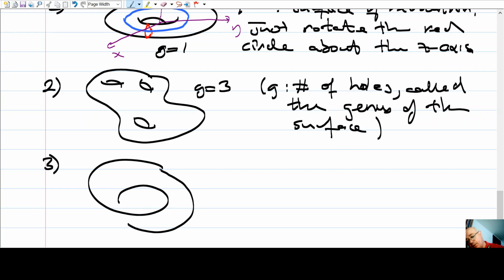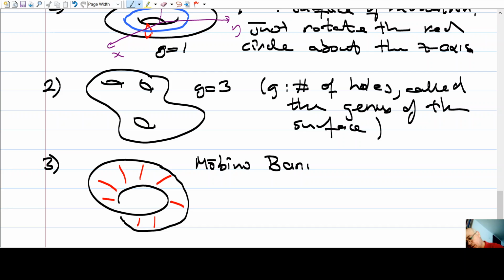A famous example, you probably heard this before, the Möbius band. This is an example of a non-orientable surface.